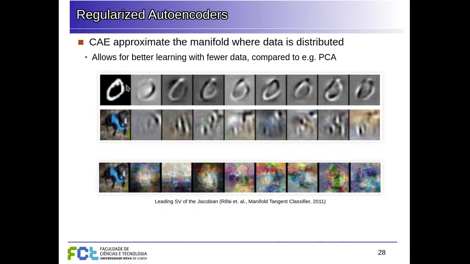So we can see different changes in the zero or in this kind of images of the horse, which are capturing aspects of the image. If we compare this to what would happen if we try to do the same visualization with principal component analysis, for example, then those tangent directions to the manifold projection are really not very meaningful. So the shape of the manifold is not as good. It's not as representative of what the data is like in this particular case.